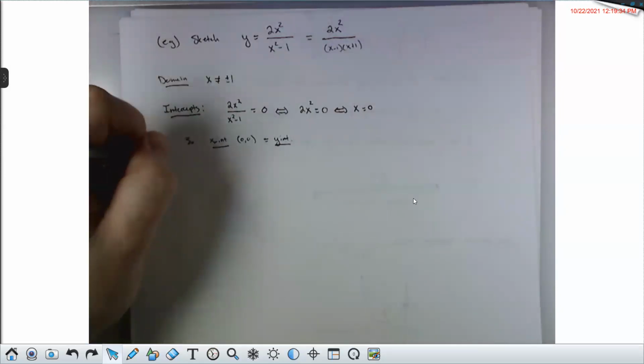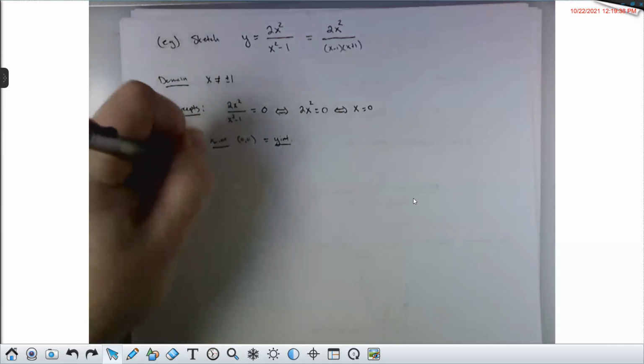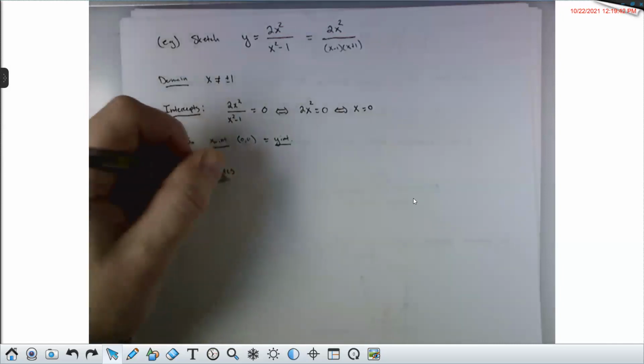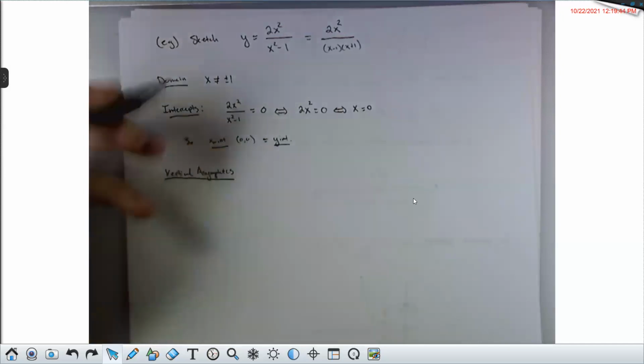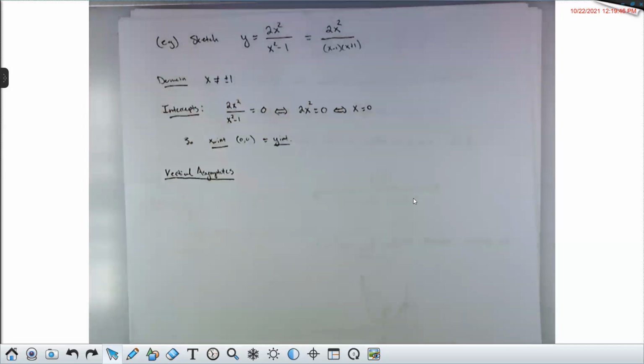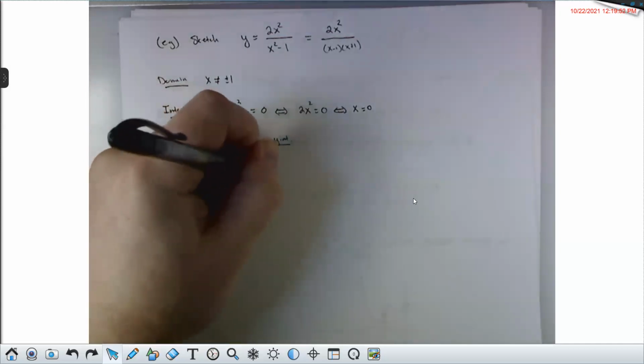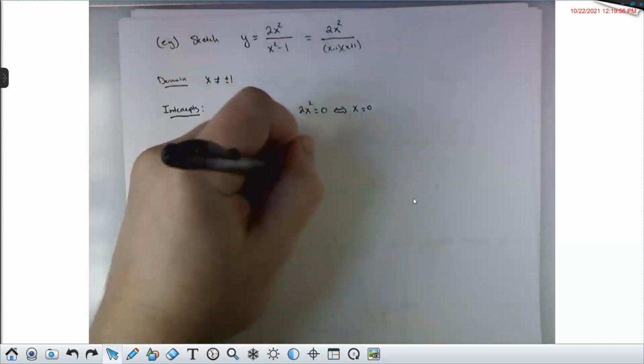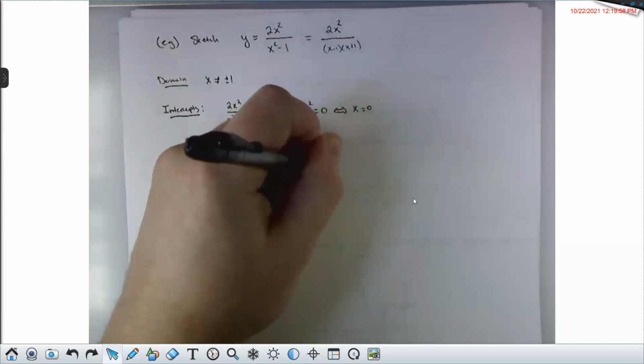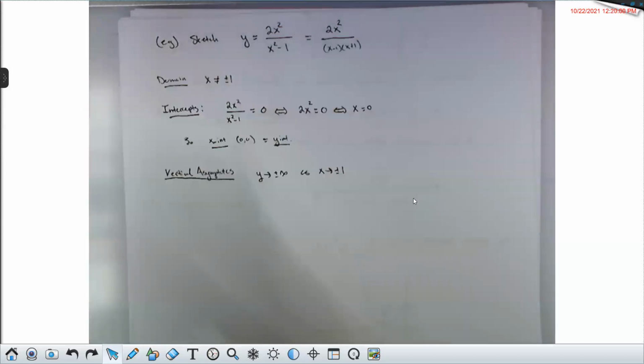I do have some asymptotes. In pre-calculus, we teach that you find vertical asymptotes by setting the bottom equal to 0. And that's true here as well. But we can also think of it in terms of limits. Y will go to plus or minus infinity as x goes to plus or minus 1.